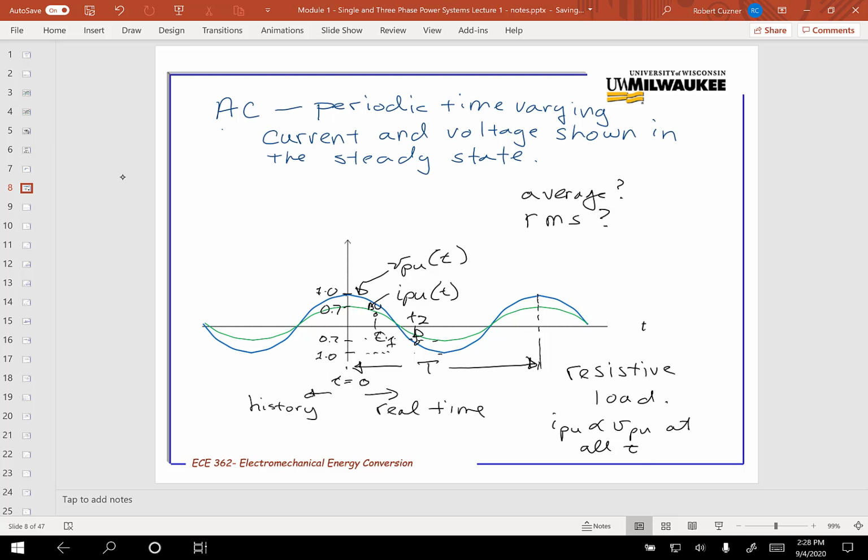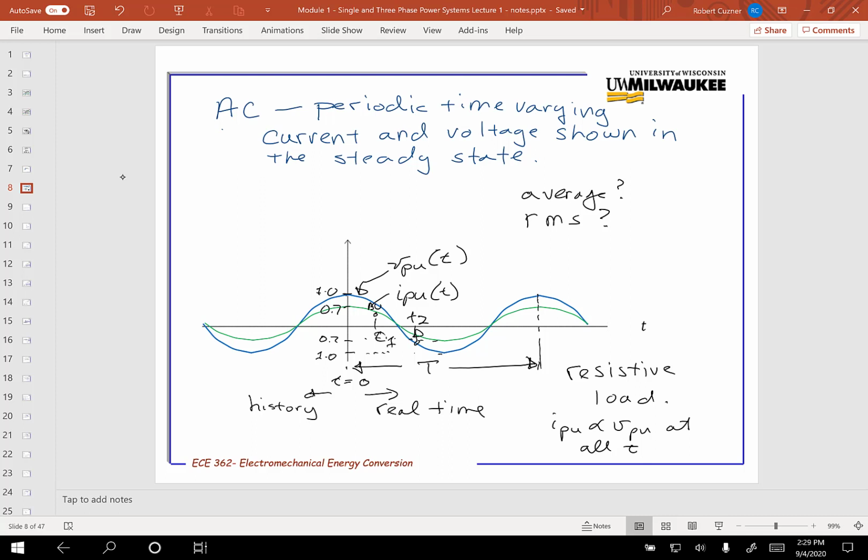Well, when we do an average and an RMS, and we did it in the previous slide with the DC quantities, we just took some arbitrary number of points after it reached steady state. Here, depending on what period of time we average over, we're going to get a different number. We want to get the same number all the time because this thing's not really changing.